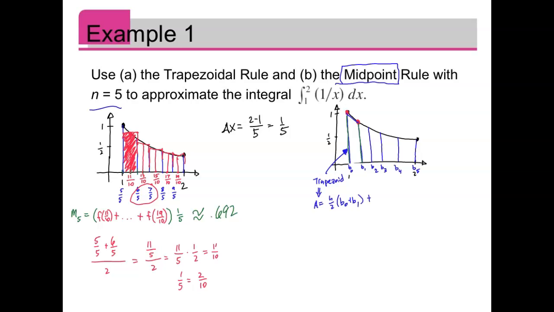Plus, and then the next trapezoid would be what? Height divided by 2 times what? Talking about this one here. What 2 bases am I going to add? Base 1 and 2. And then plus height divided by 2 times what two bases for the next one?